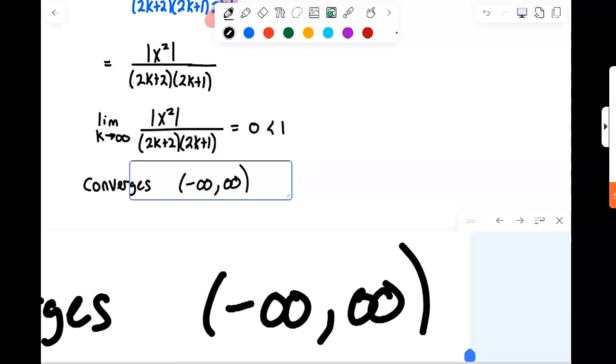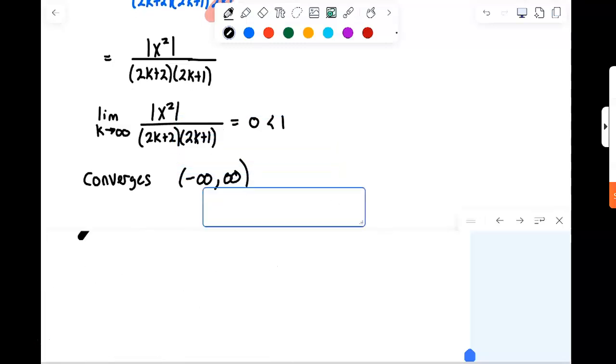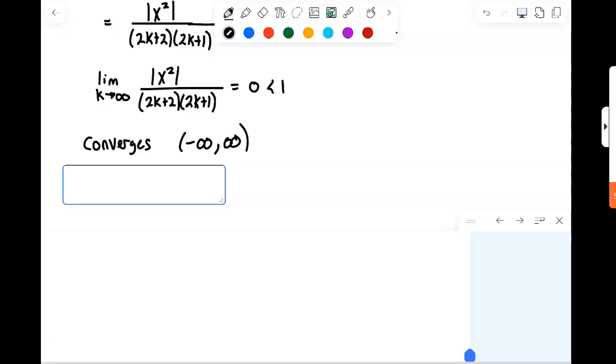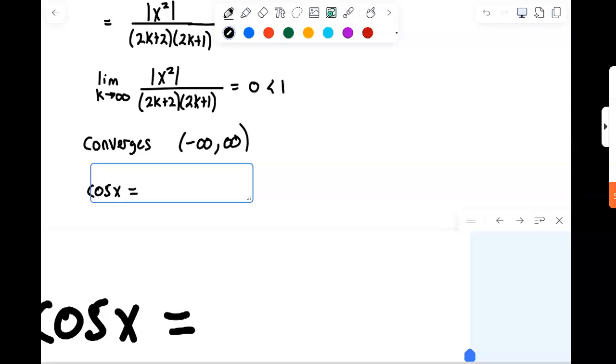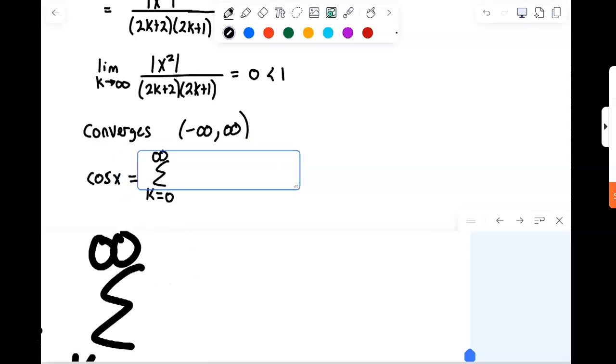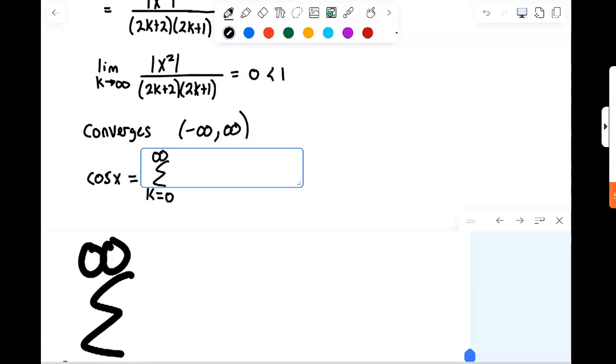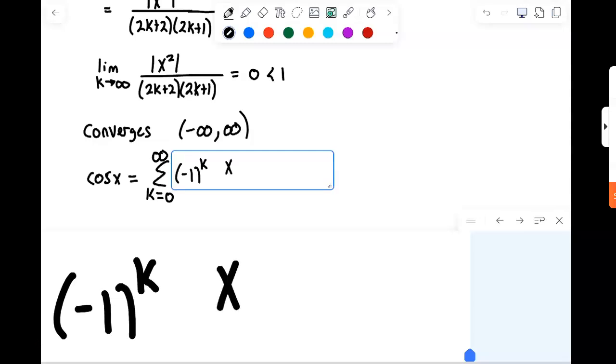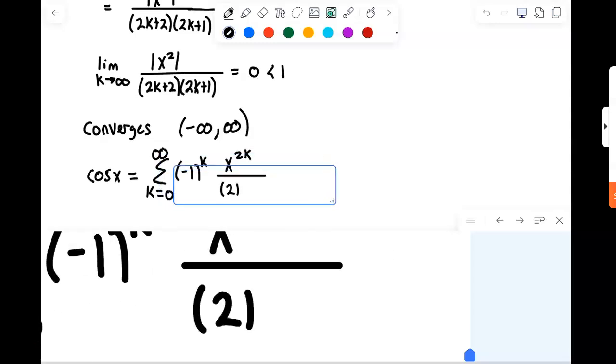And now there's another result later on that lets us finally say confidently that it actually converges to cosine x everywhere. And so we can say now that the cosine of x is equal to the infinite series, k goes from 0 to infinity of minus 1 to the k, x to the 2k, all over 2k factorial.